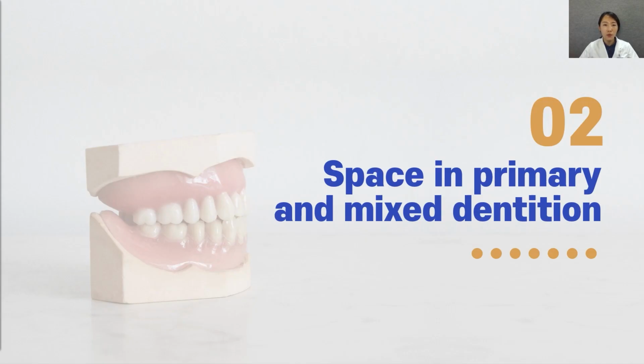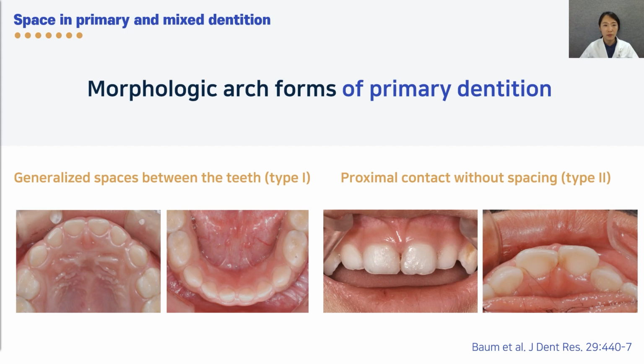Now let's move on to the second topic, space in primary and mixed dentition. Baum reported two consistent morphologic arch forms in the primary dentition: generalized spaces between the teeth or no spaces between the teeth.